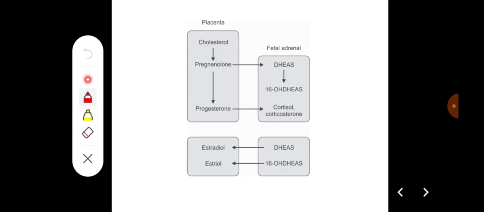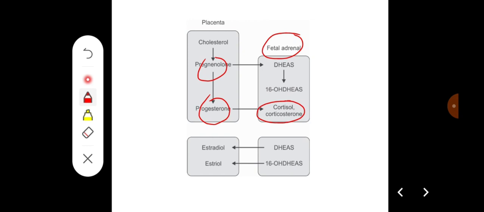So this is a diagram showing the fetoplacental unit where placenta is able to produce pregnenolone and progesterone from the cholesterol, and these pregnenolone and progesterone are transferred to the adrenal cortex. They get converted into DHEAS and 16 hydroxy DHEAS, and from the progesterone they'll be able to produce cortisol and corticosterone because they have the needed enzymes in the fetal adrenal.